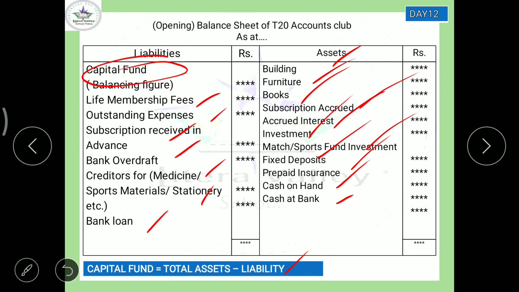It is very necessary, because if you do not calculate it, it is very difficult for you to prepare the balance sheet for the current year as well, because the capital fund amount is not given in the question.